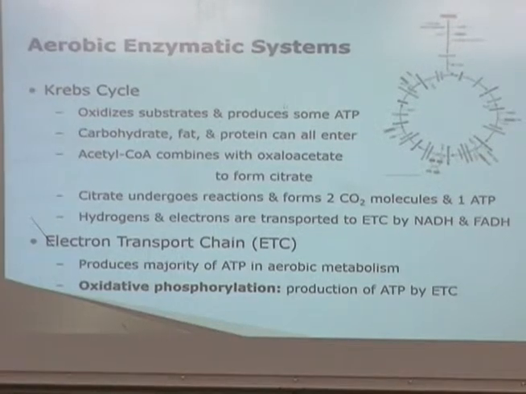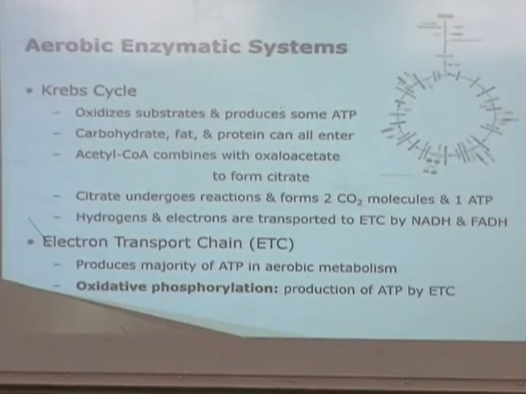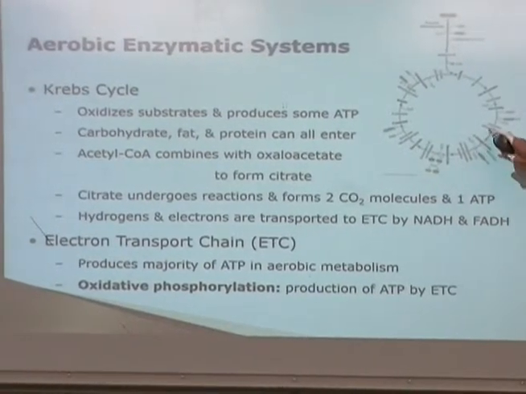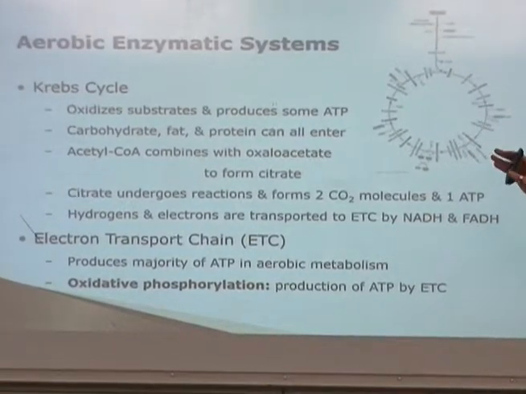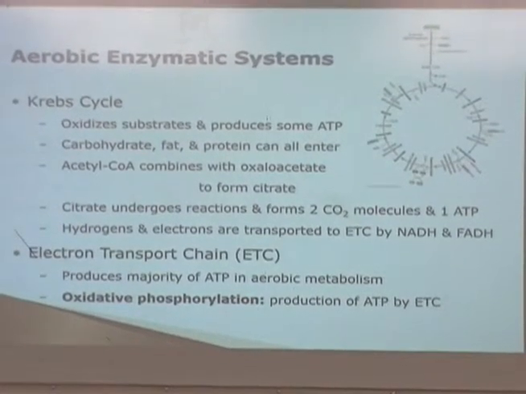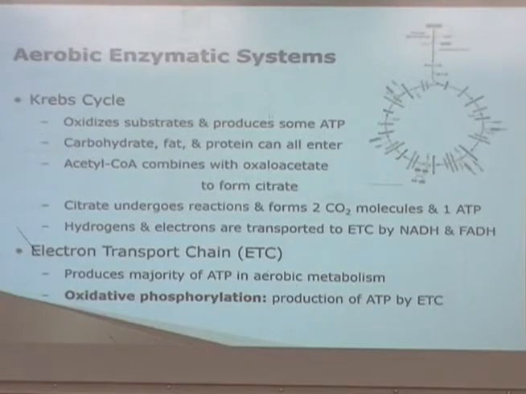That's what textbooks and the internet are for, very useful. I don't want you to waste your time trying to learn every step. But there are some things about Krebs cycle that we have to pay attention to and understand.